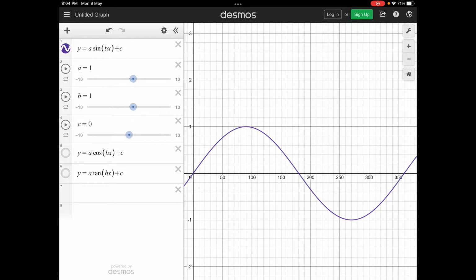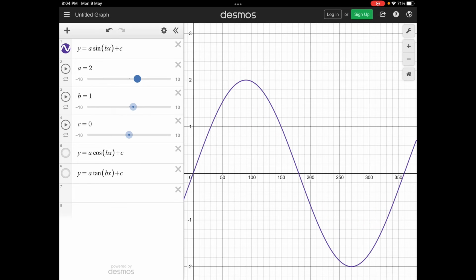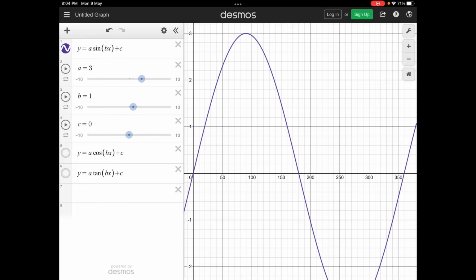So this is the a in my equation, and if we increase this value, the height, or the minimum and maximum points of this graph, are going to change proportionately. So as I increase the value of this number, the height is going to increase. And so it's acting as a stretch in that vertical direction.